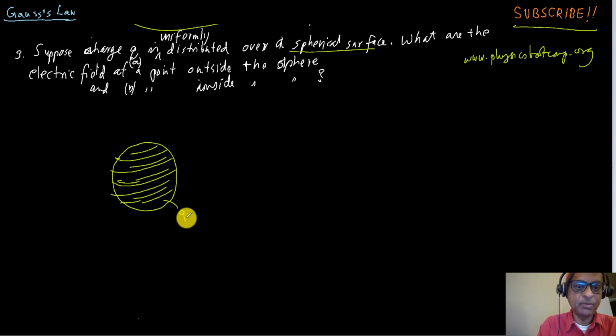There's a Q amount of charge distributed evenly on the surface, and we want to know what's the electric field at a point P outside. And then there's a point P inside, not on the surface. We'll do this one and then we'll do that one. So I want to know what's the electric field here.